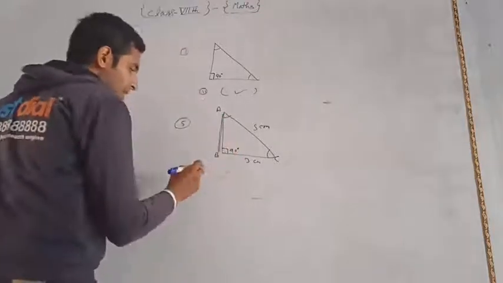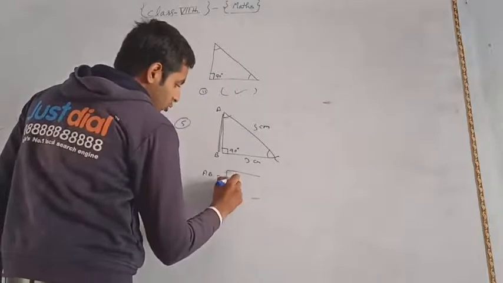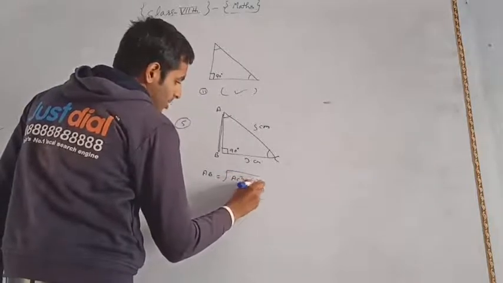You know by the Pythagoras rule, AB is equal to the square root of AC square minus BC square.